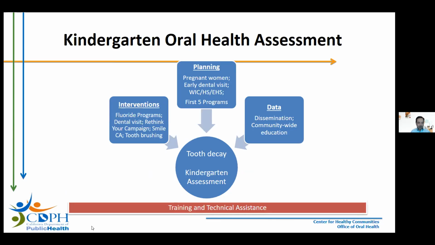So we want to make sure this requirement is met, and also it's not only meeting the requirement, we want the data to be reported to a central data warehouse, where data will be available at the local level.